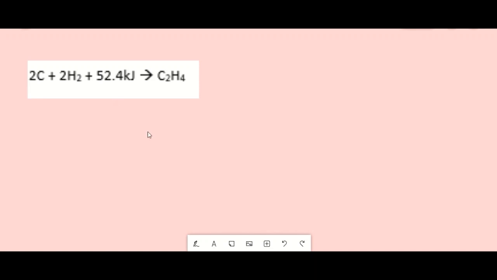So right here we have carbon and hydrogen along with some energy come together to form ethylene, which once you get to organic chemistry is not going to be your best friend. But here, since the energy is on the reactant side, it's showing that energy is being absorbed. And so because this is an endothermic reaction, the delta H is going to be positive.